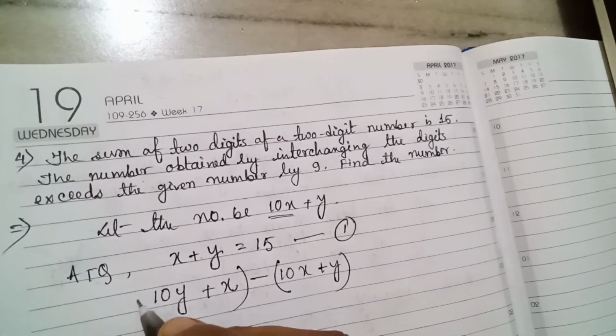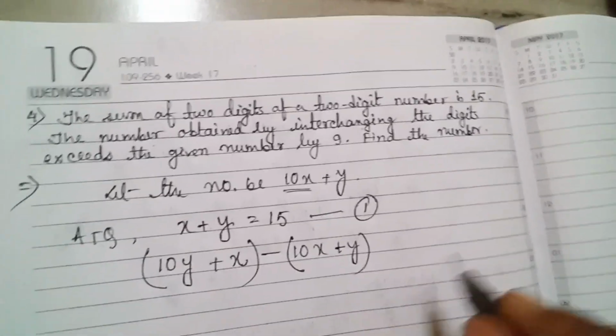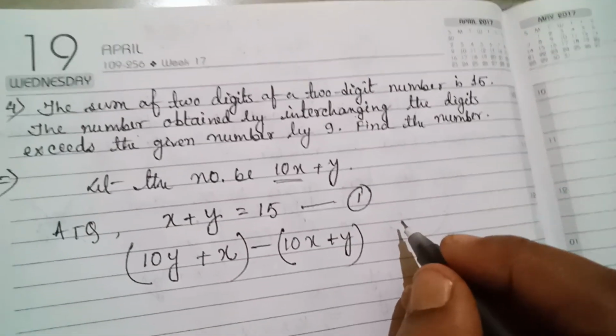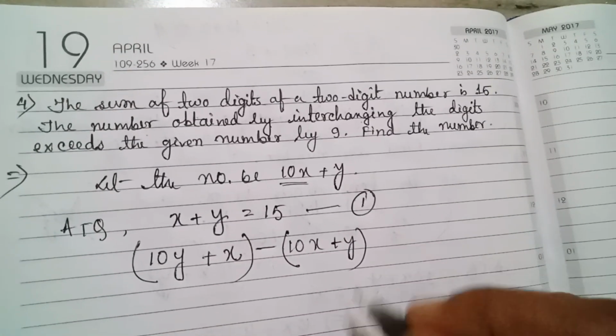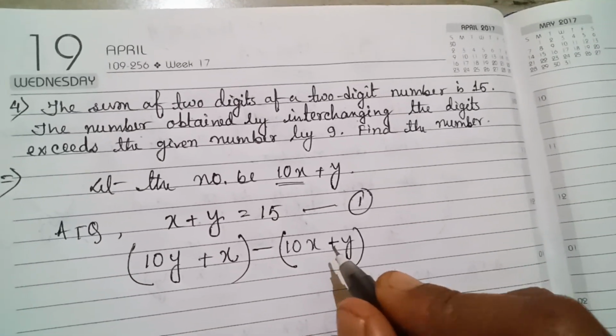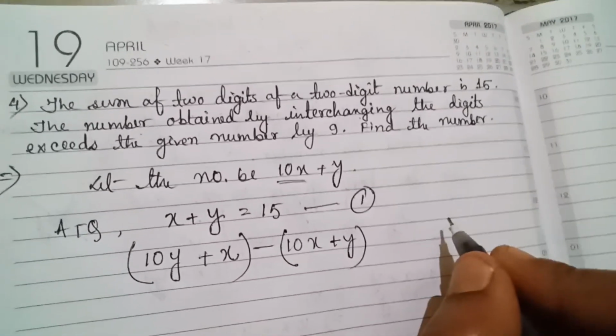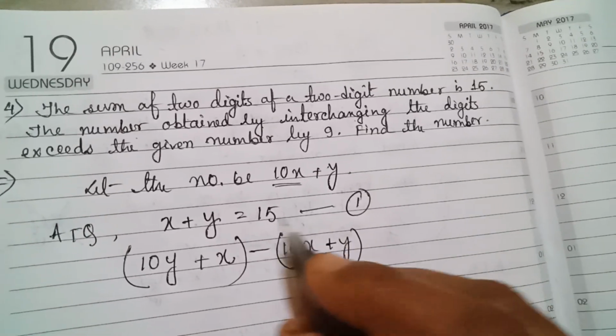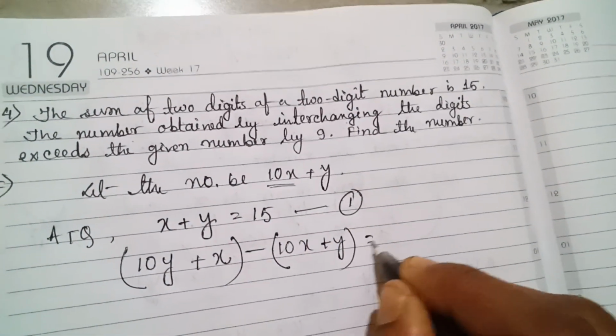Please keep it inside the bracket, it will be very, very useful for you. Otherwise, maximum students in a hurry in the examination hall make mistakes only in plus and minus signs. So the given number by 9.